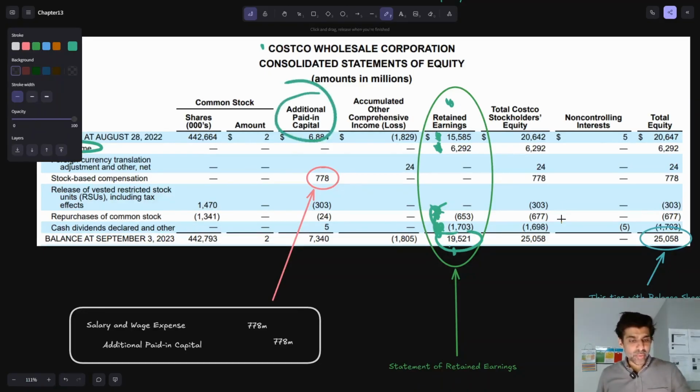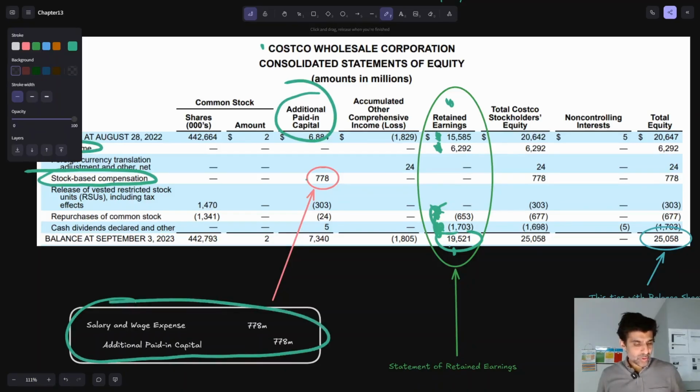In this one, there's something interesting here. This stock-based compensation. What this is basically is this journal entry: salary and wage expense, debit, and instead of crediting cash, they're giving their employees stock options or stock in the company.